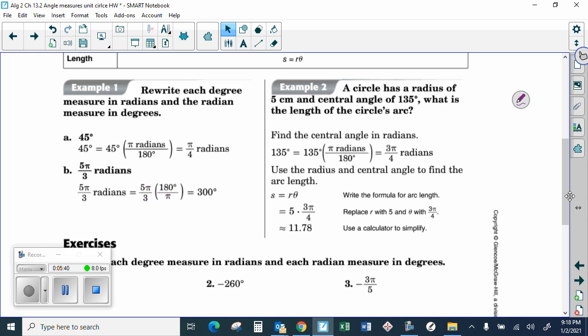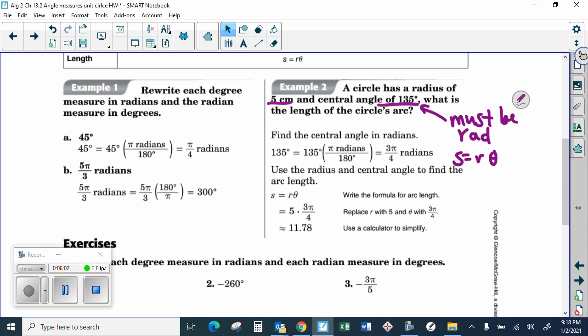Find the central angle in radians. So first, we have a circle with a radius of 5 centimeters and a central angle of 135 degrees. Remember, this must be in radians to use the formula S equals R times theta.